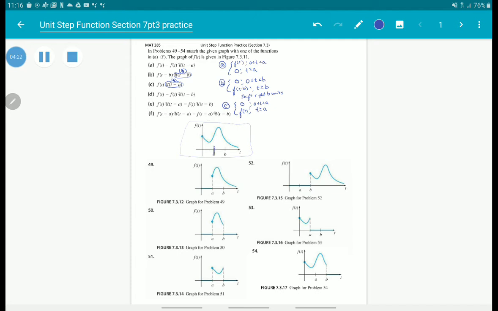But then once we hit A, instead of continuing, it's just going to be 0 down here. So if we look at those pictures, which one does that look like? If we compare, it's going to look like number 53. So 53 is going to be paired with A.